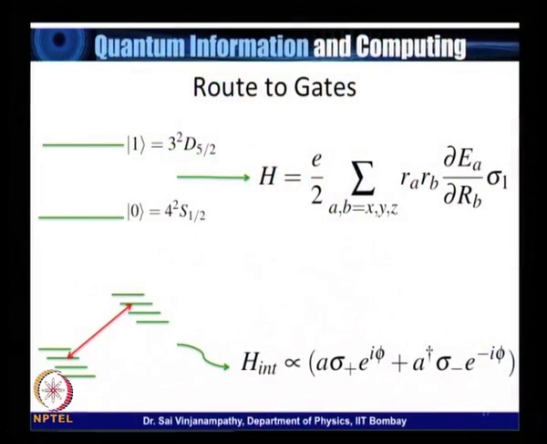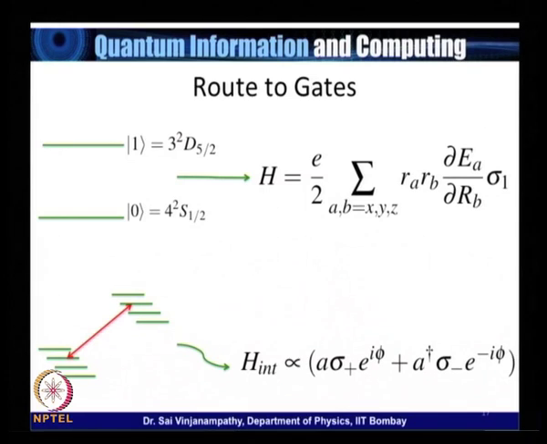So let me briefly discuss how gates are implemented in an ion trap quantum computer. The route to implementing quantum gates is represented in this slide. We have a quadrupole Hamiltonian which is proportional to the sigma x, and this allows us to make transitions between 0 and 1.